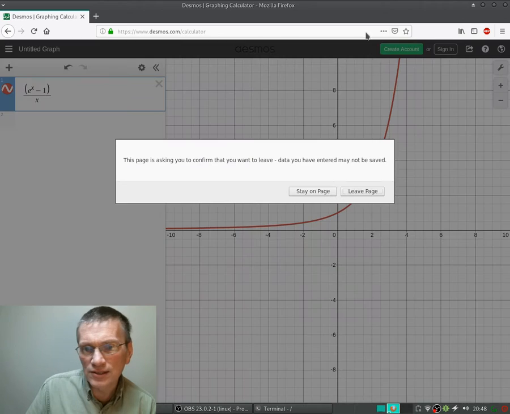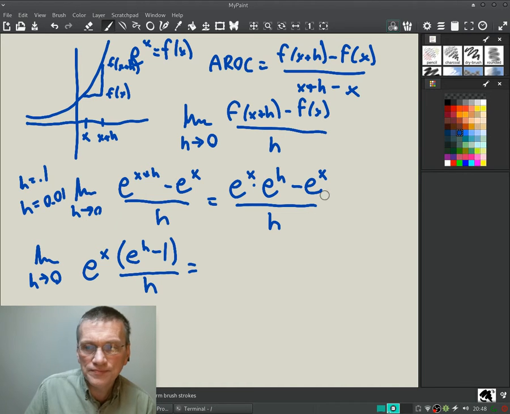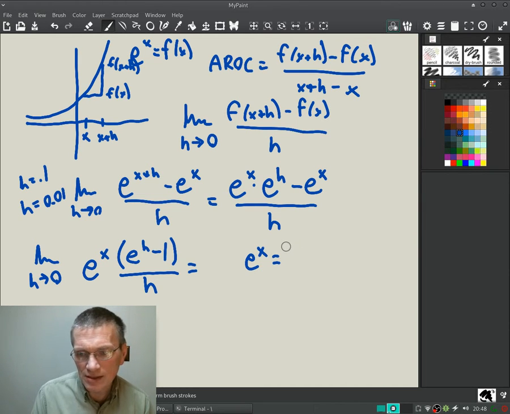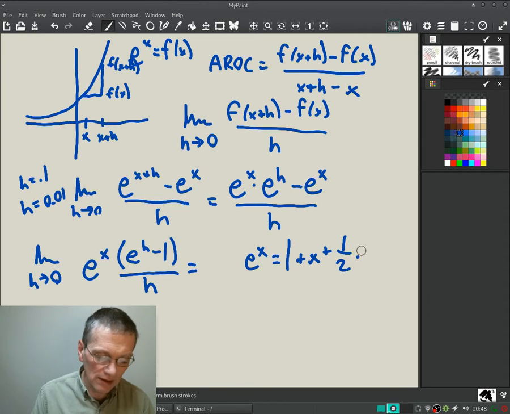There's another way I wanted to show you, which is using a series expansion. And these you will get to know because they're very handy later on. E to the x can be written as an infinite series. It equals 1 plus x plus 1/2 x squared plus 1/6 x cubed.